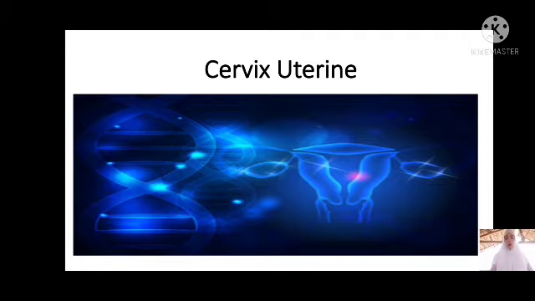So, the narrow central cervical canal runs along its entire length, connecting the uterine cavity and the lumen of the vagina. The opening into the uterus is called internal os, and the opening into the vagina is called the external os. So the lower part of the cervix, known as the vaginal portion of the cervix, bulges into the top of the vagina.